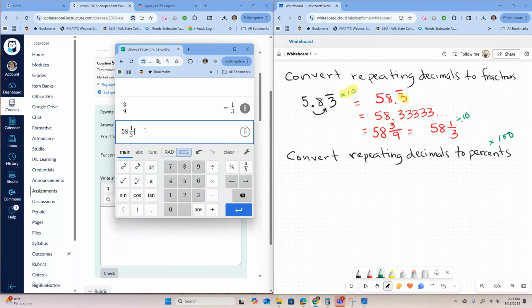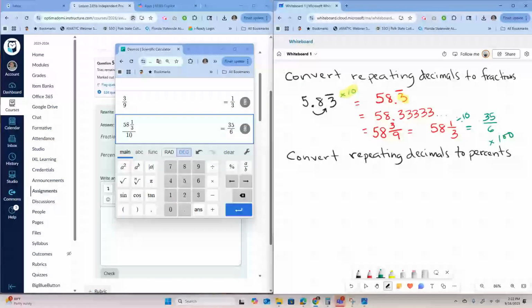Okay? And I'm going to divide all of this by 10. And when I do that and I click on the circle, you're going to see what fraction I get. I get 35 over 6. And that will be my fraction.